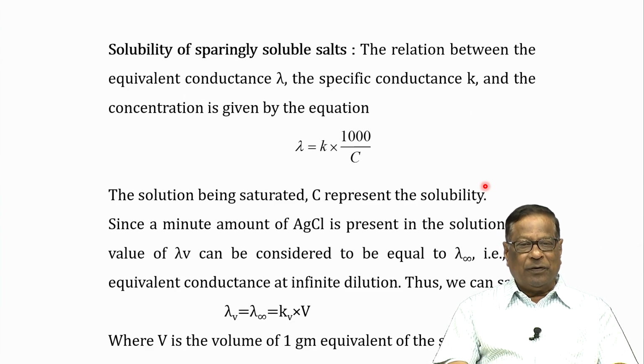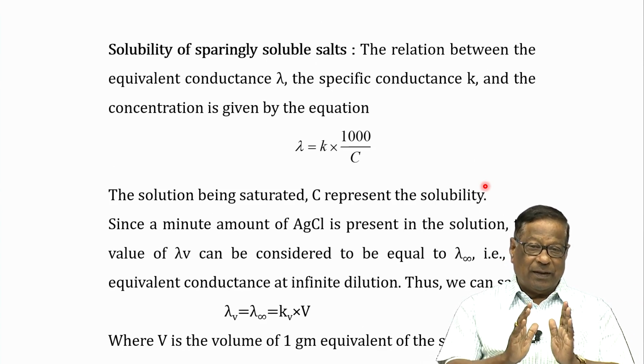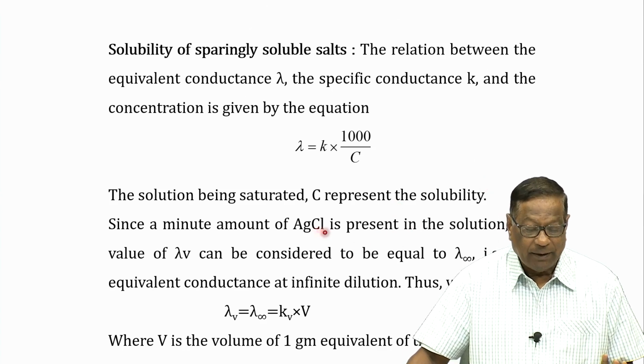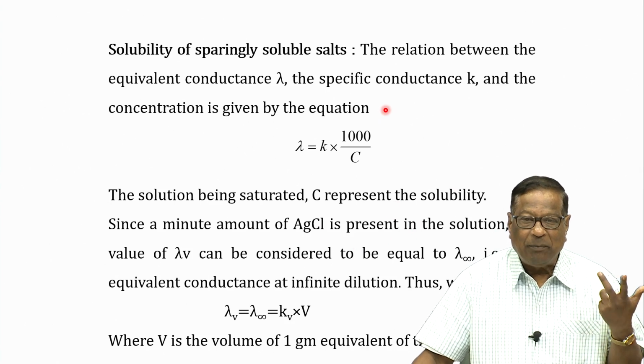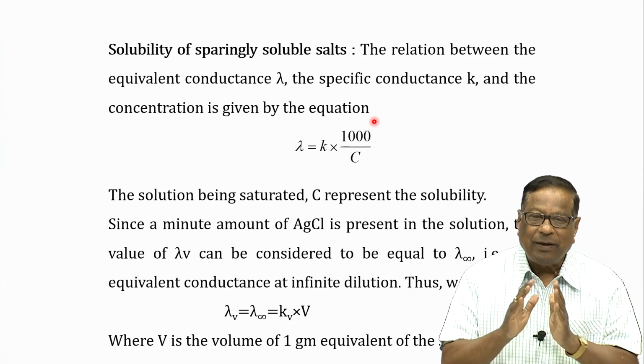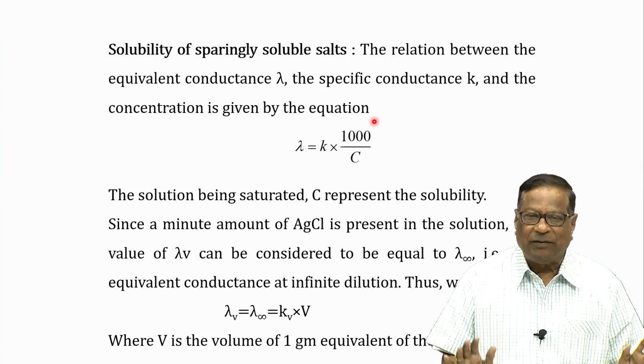Because all the ionic concentrations in the solution are saturated if the salt is sparingly soluble. It may be 1 milligram in 1 liter, maybe 10 milligram in 1 liter, etc. Whatever the solubility, it is totally ionized.